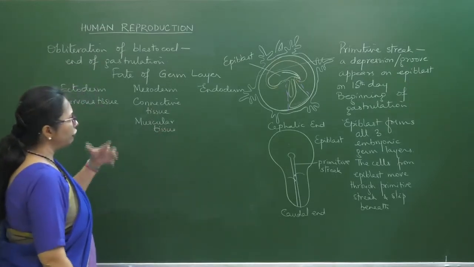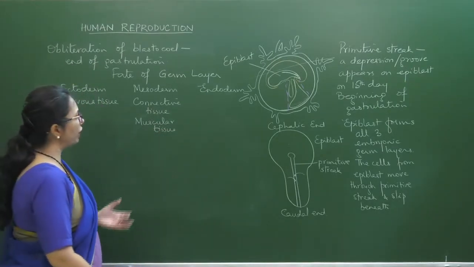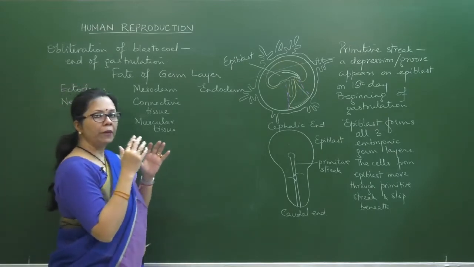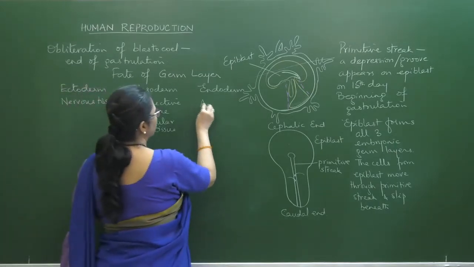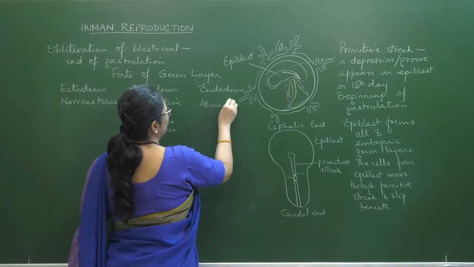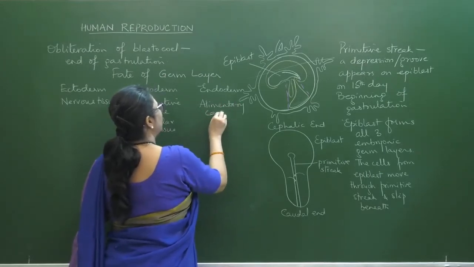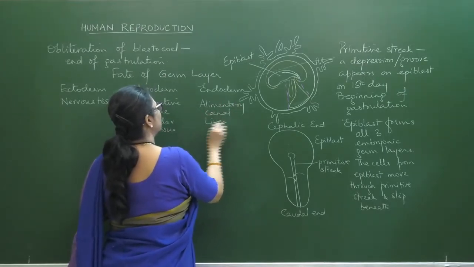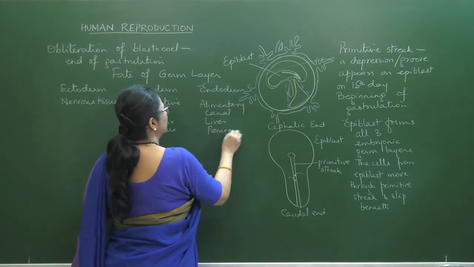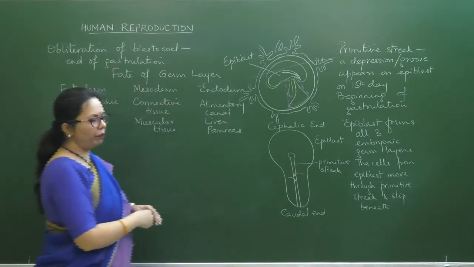Then if you see system wise, the alimentary canal, liver, pancreas, all these arise from endoderm.